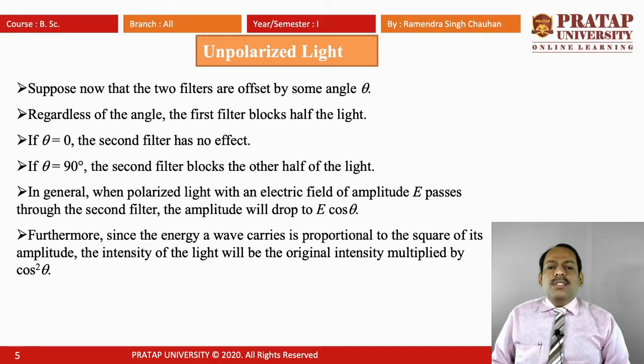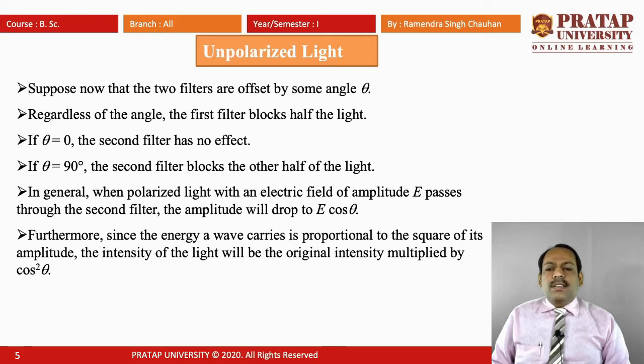This E cos theta is the amplitude which is passed through the filter. The intensity will be proportional to the square of the amplitude, and that's why we get I equal to E cos theta whole square, that is I equal to E square cos square theta, and E square is equal to I naught. So we can say I is equal to I naught cos square theta.